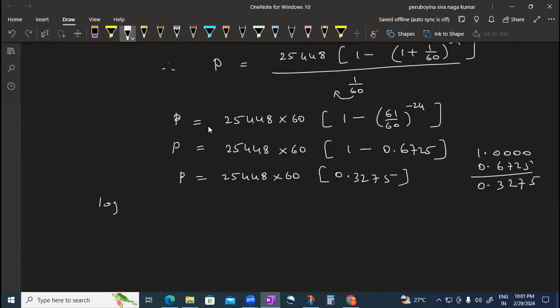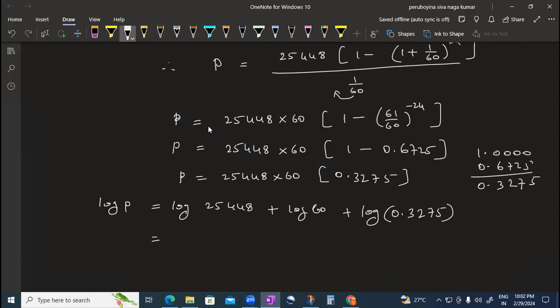And we will apply log on both sides. Log P is equal to log 5448 plus log 60 plus log 0.3275. You can find these using logarithms, and the log table will be given in the examinations.